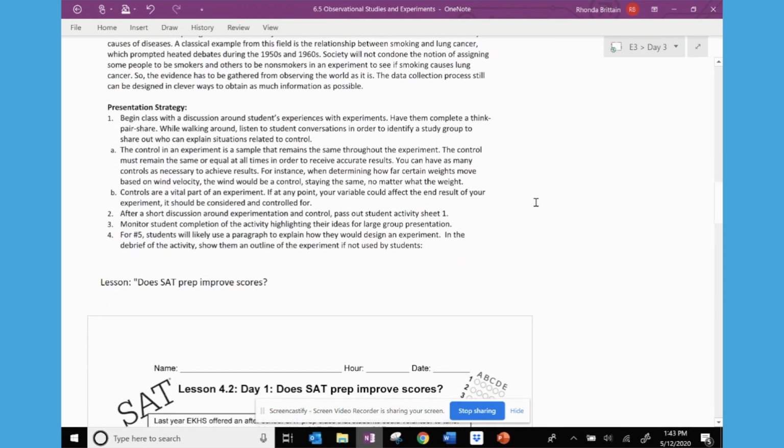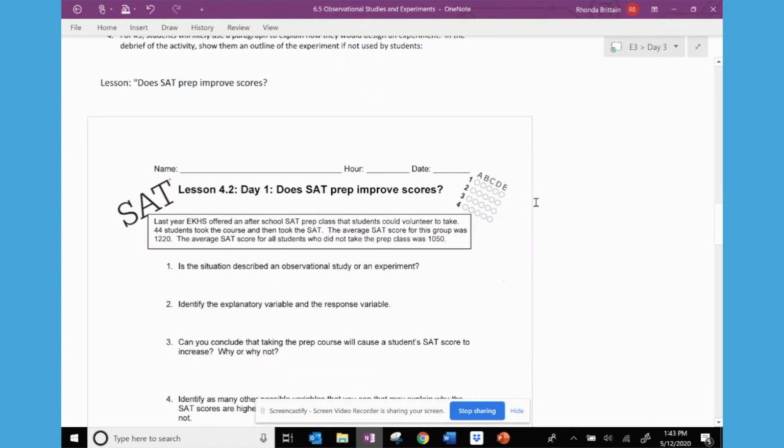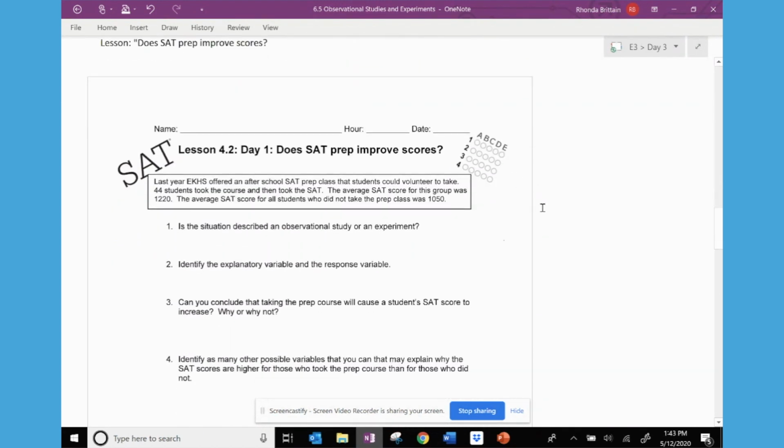If we go to the lesson here, I just want to talk a little bit about the purpose of this. Different conclusions can be made based on random sampling or random assignment. Prior to this, students will have already done some methods for random sampling in previous lessons. In sampling, the random sample should represent the population so that we're able to generalize the findings to the population.